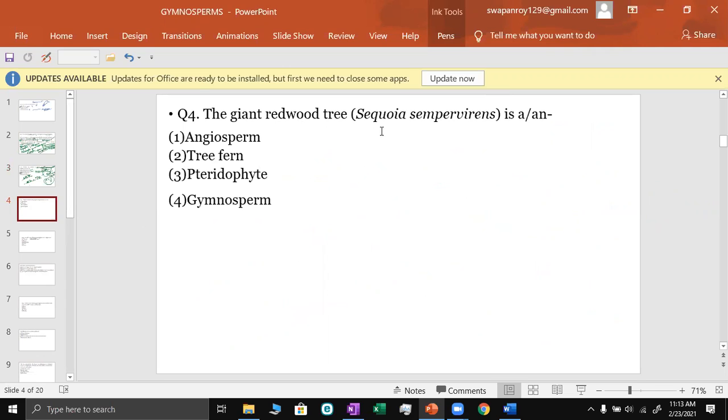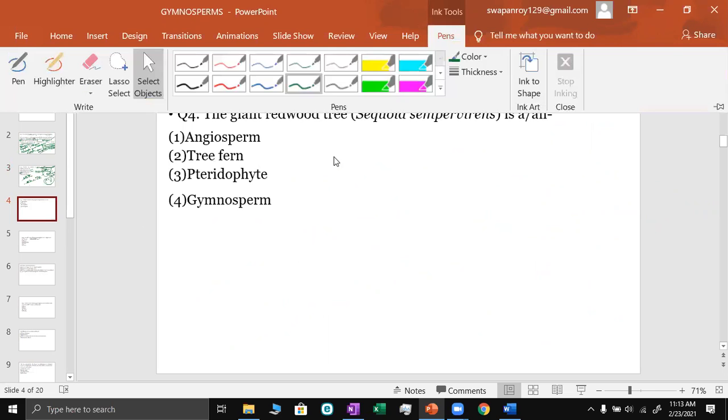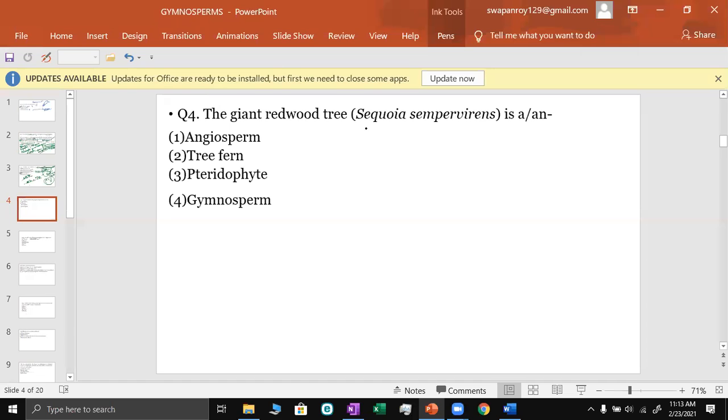The giant redwood tree. Now it seems to be a very easy question for you, is it? Seems to be very easy because we are going through the gymnosperm. But when there are a lot of questions from different topics, in that case, if such a type of question is given, then it is difficult. The giant redwood tree, botanical name Sequoia sempervirens, is of which group of plant?